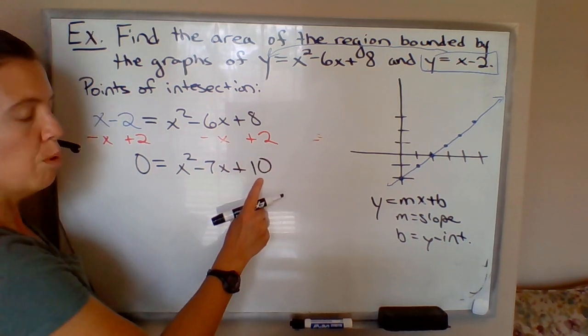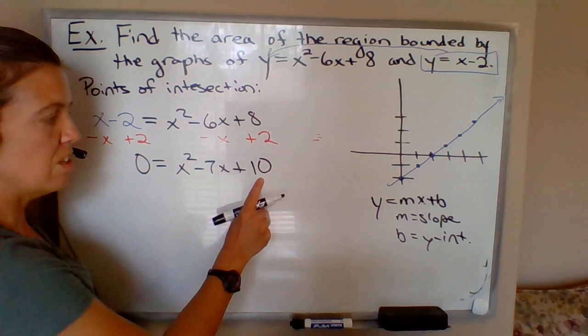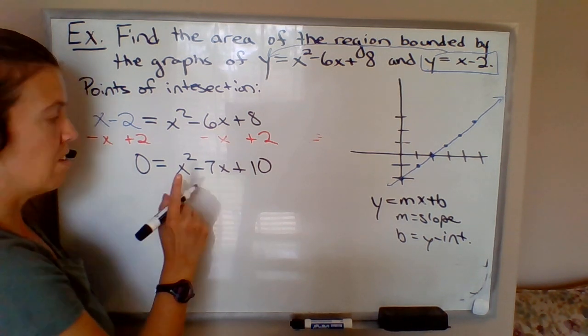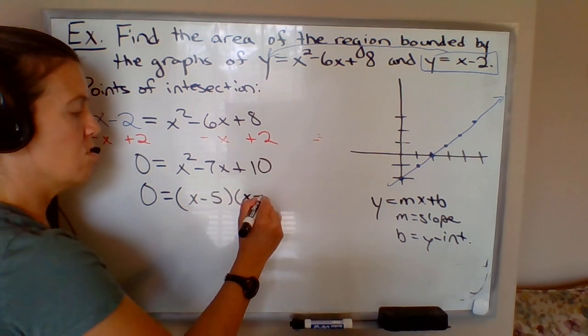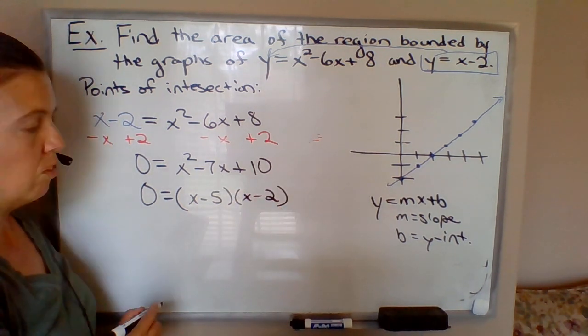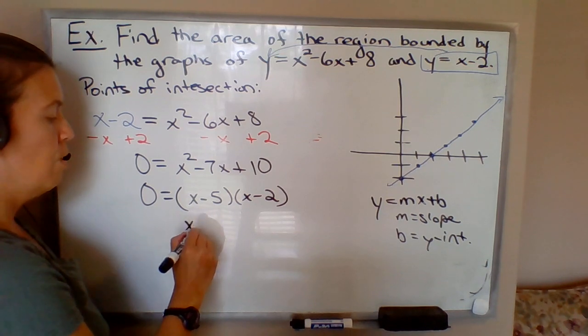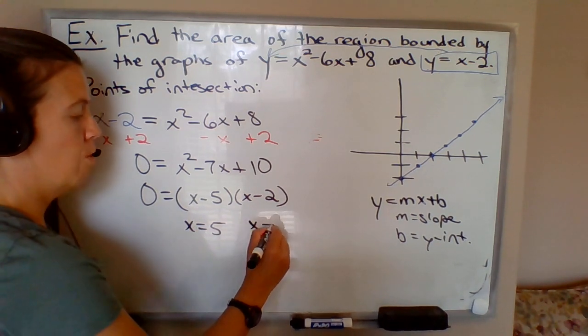And now we want two numbers whose product is positive 10 and whose sum is negative 7. And so that would be x minus 5 times x minus 2. That's how that factors. Setting each factor equal to 0, you would get x equals 5 or x equals 2.